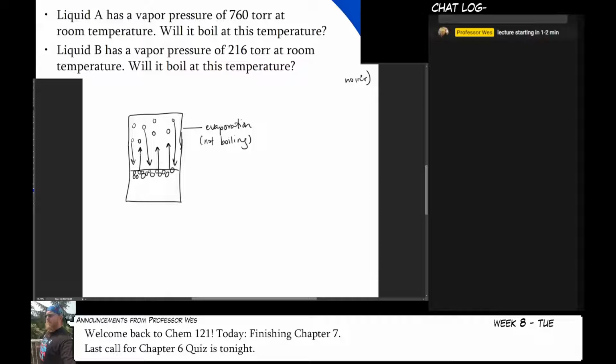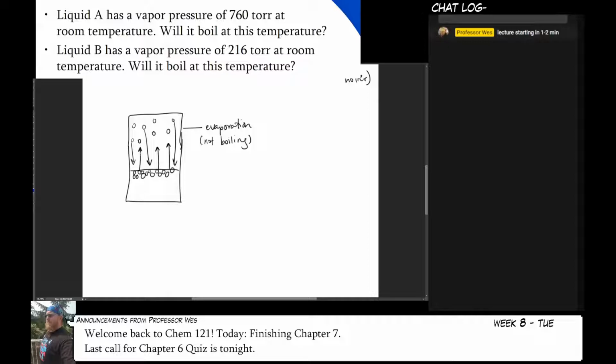And because the water's inclination is to do that and stay in the liquid phase, and it is preferred to be in the liquid phase in terms of energy, we don't call this process at a lower temperature boiling. It's just evaporation. Evaporation is an exchange with the gas phase from the liquid phase, but the gas phase is not the preferred phase.